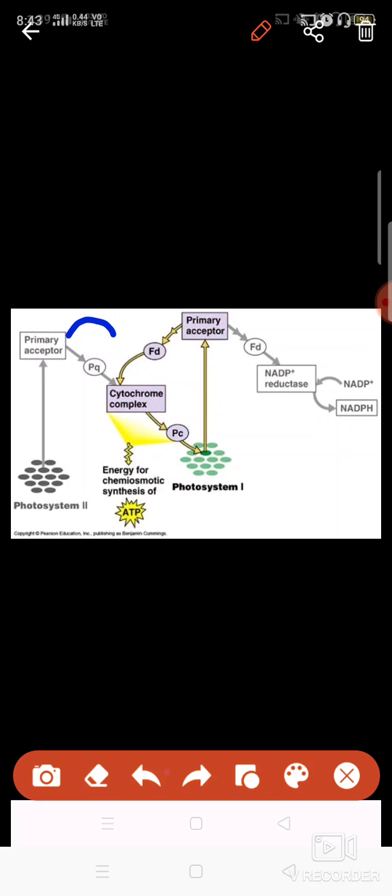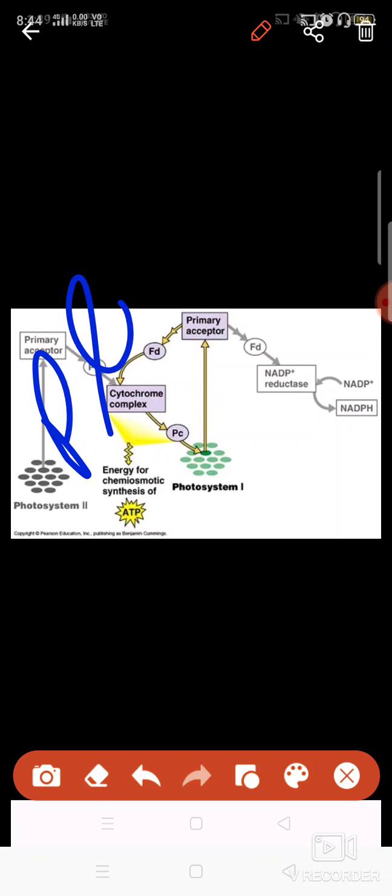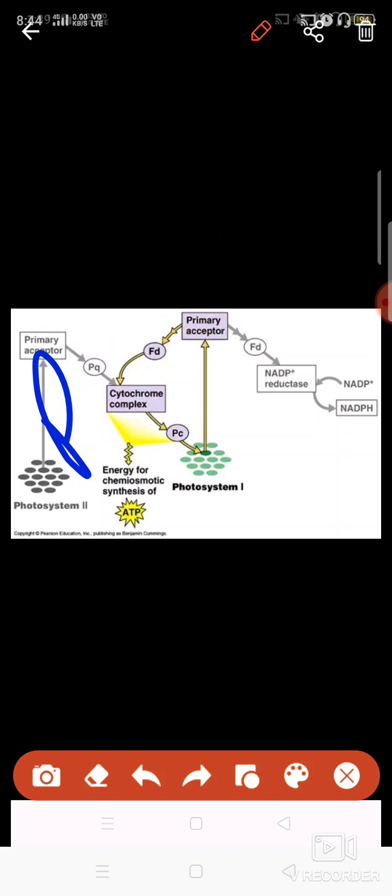Some intermediate substances are plastoquinone, then an intermediate molecule known as cytochrome b6 complex is formed, then plastocyanin.